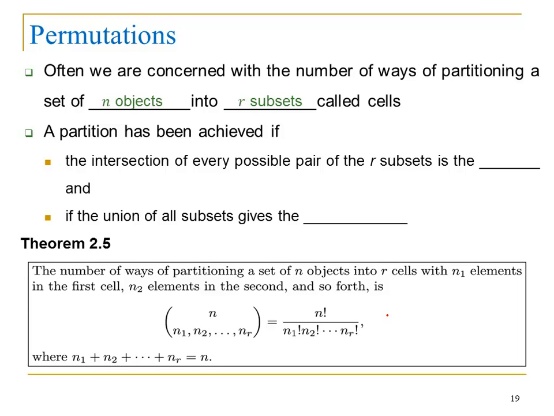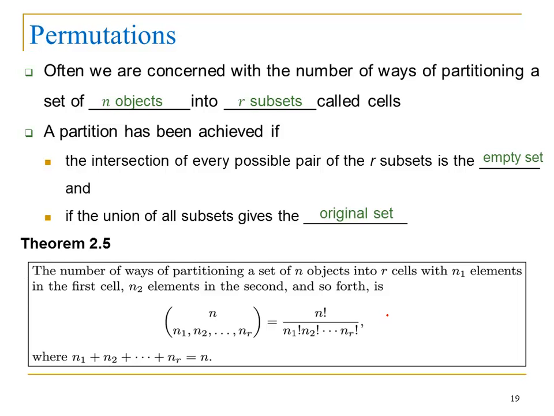We want to know what the possibilities are of splitting these students into a certain number of classes, depending, let's say, on the courses. So we have different courses, and we want to know how to put the students into these courses. A partition has been achieved if the intersection of every possible pair of the r subsets is the empty set, and if the union of all subsets gives the original set.